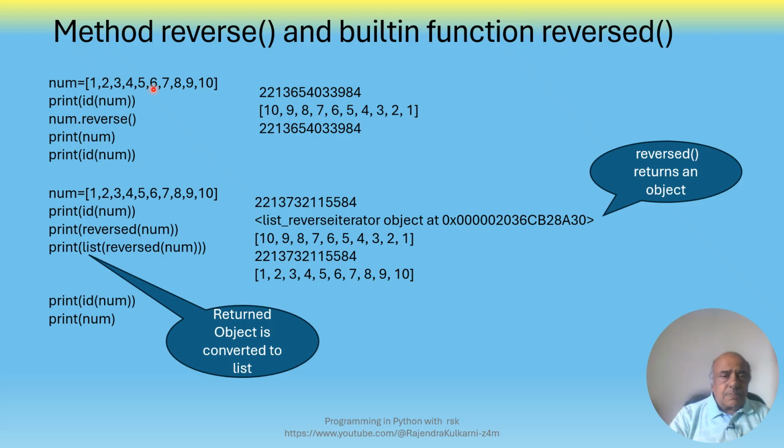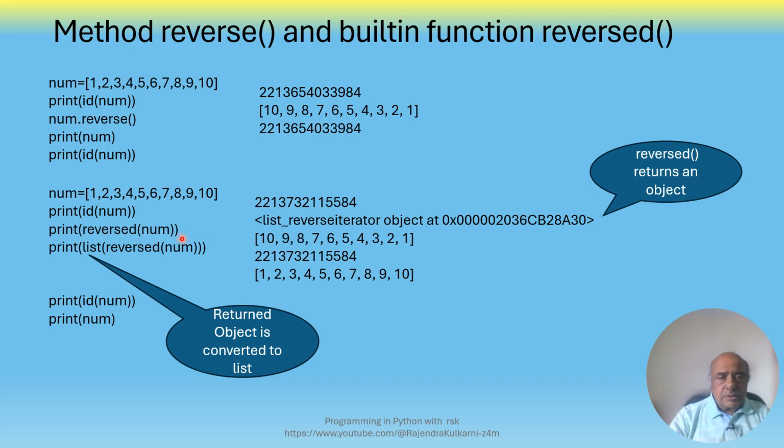So actually what happens is the method dot reverse changes the whole contents of the list, and the same list remains, the object remains same, only the contents are now occupying a position which is different than the original one, which is reversed now.